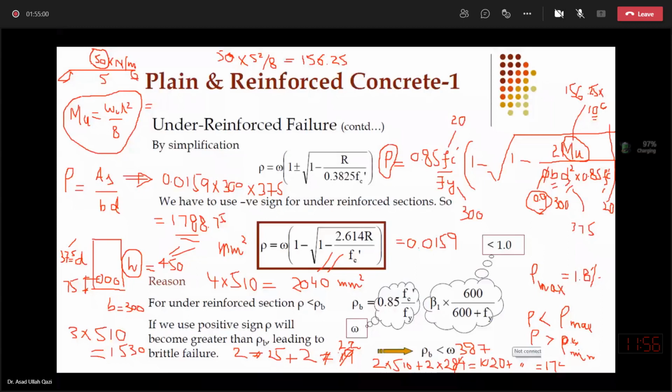So theoretically it is above the demand of 1788, by a few millimeters.